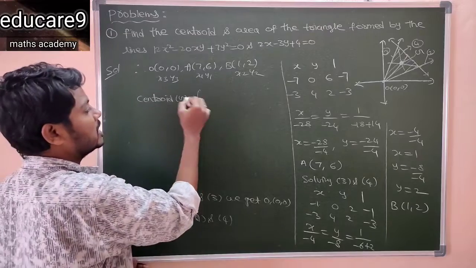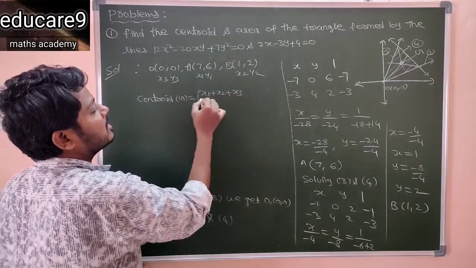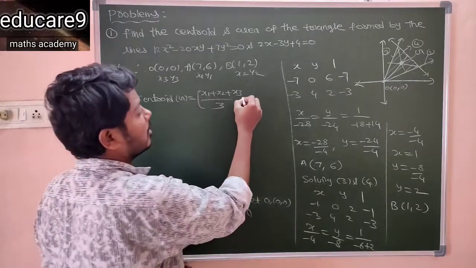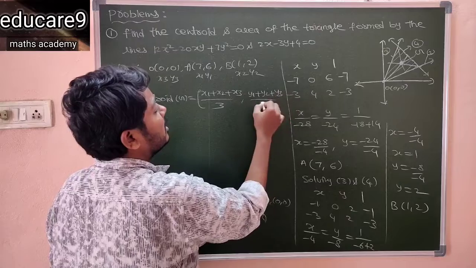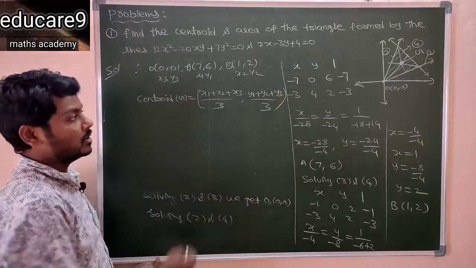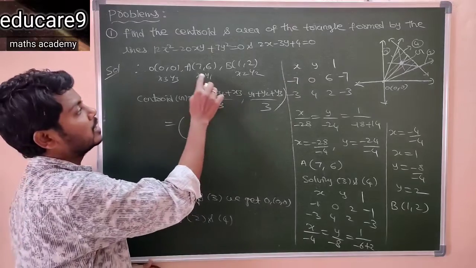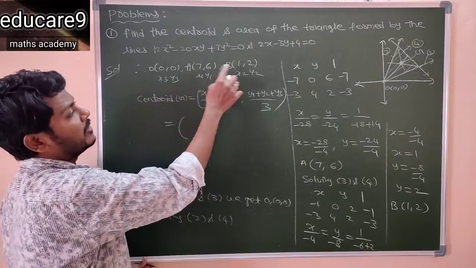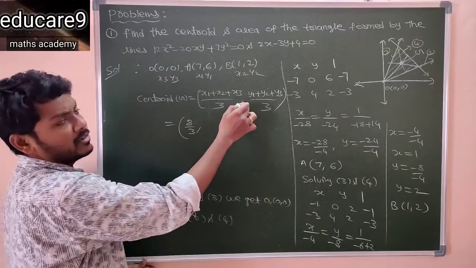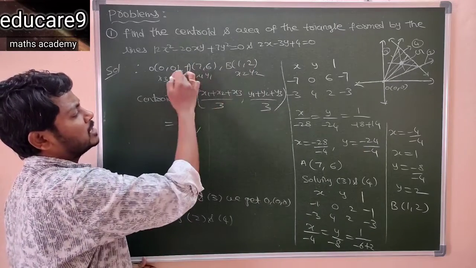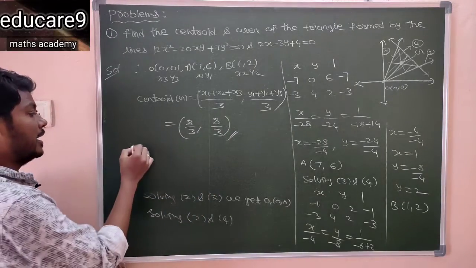That is denoted by G: (x1 plus x2 plus x3) by 3, comma (y1 plus y2 plus y3) by 3. This is the centroid formula. So adding the x coordinates, 7 plus 1, 8, plus 0, 8 by 3. And y: 6 plus 2, 8, plus 0, so 8 by 3. So this is the centroid.